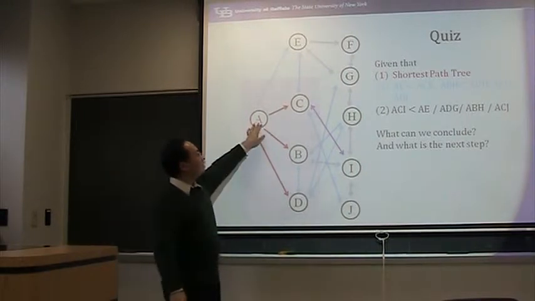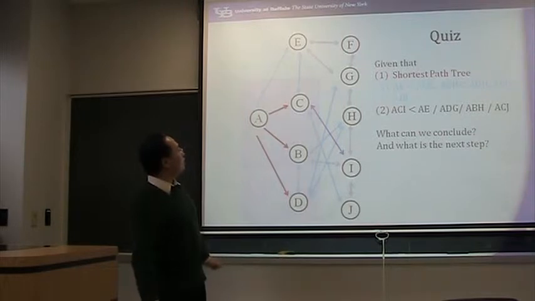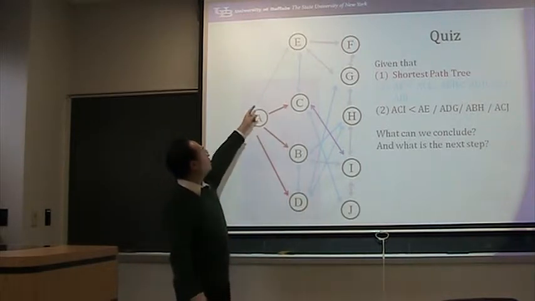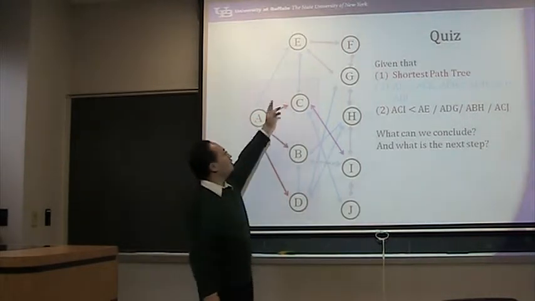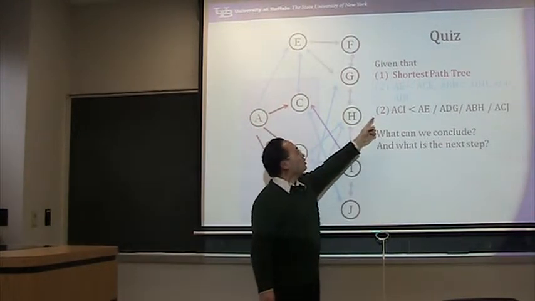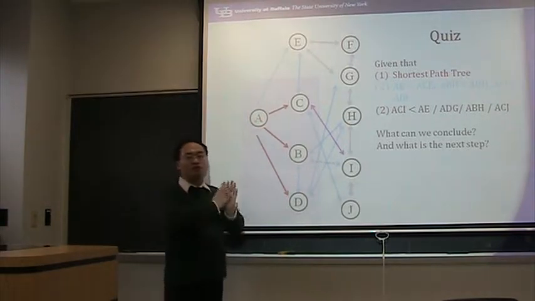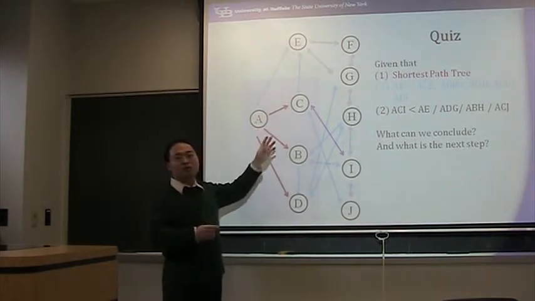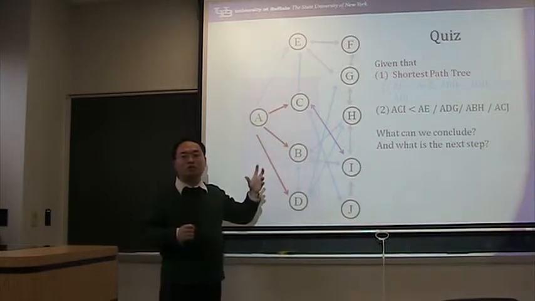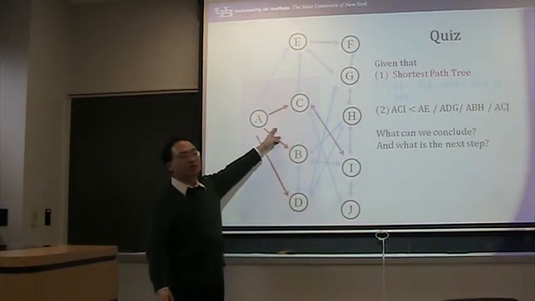And here, given the shortest path tree here, we know that AE is less than ACE. For this assumption, we are just comparing the distance from the start point to each adjacent node using this tree.